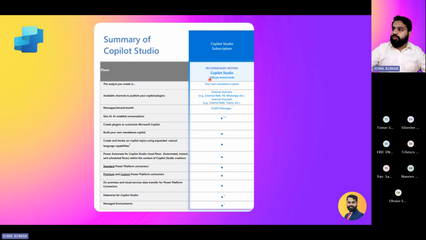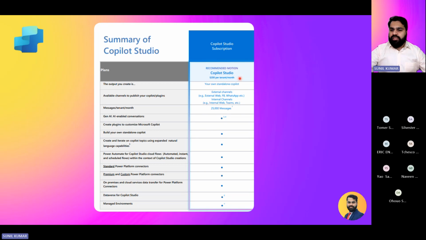Now, when we talk about the $200 per tenant per month license, which is allocated to the tenant, along with this there is a $0 Copilot Studio user license, which also should be purchased by the organization.